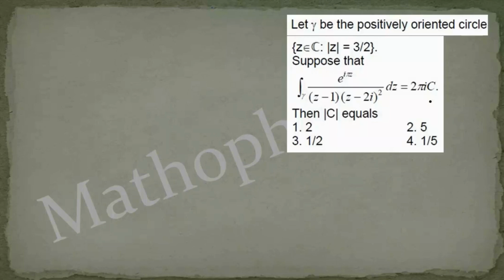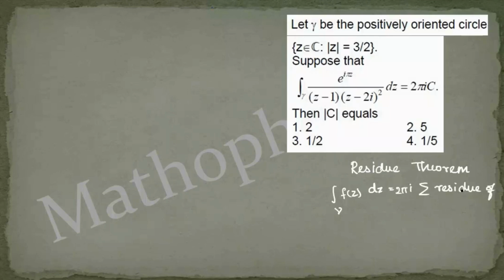So for that we are going to use the residue theorem, which states that the integral over gamma of f of z dz is equal to 2 pi I into the summation of residues of f inside the curve gamma.